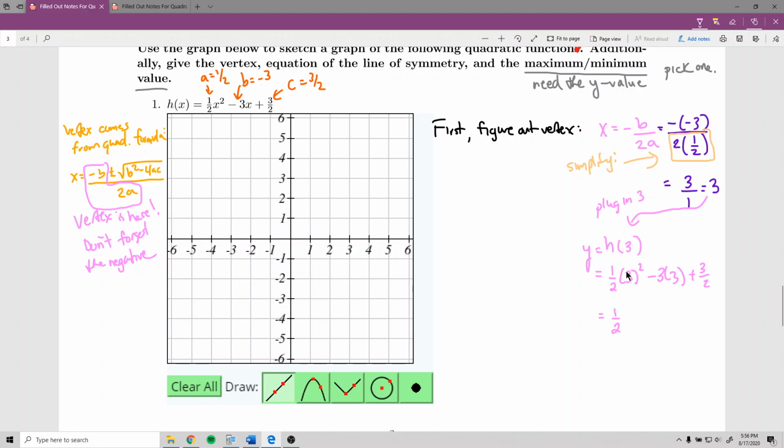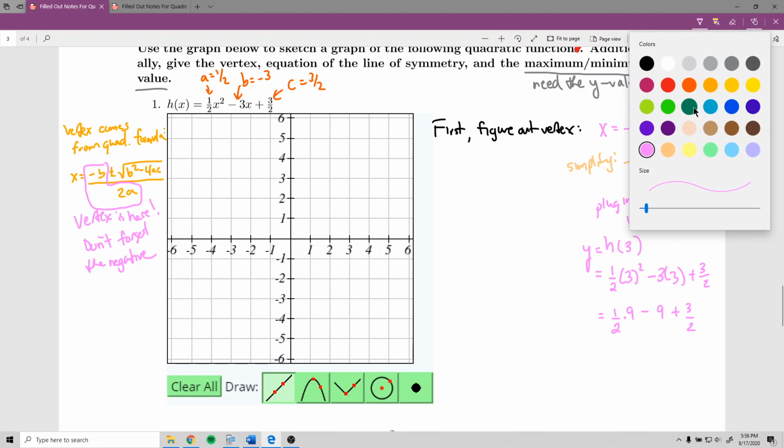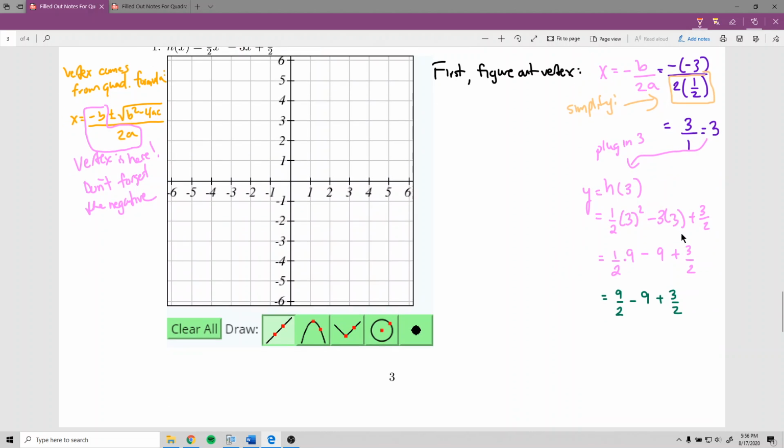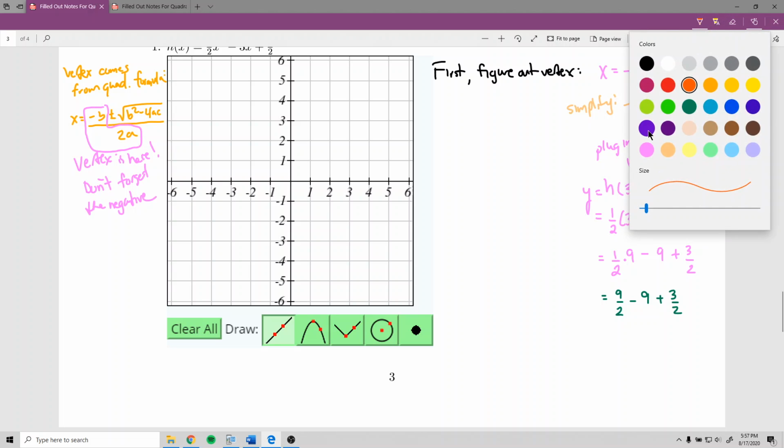Got 1/2. 3 squared is 9, minus 3 times 3, which is 9, plus 3/2. And simplifying the front here, 1/2 times 9 is 9/2, minus 9 plus 3/2. Now what you might be thinking is find a common denominator now, but you don't need to do that unless all the fractions have a different denominator.